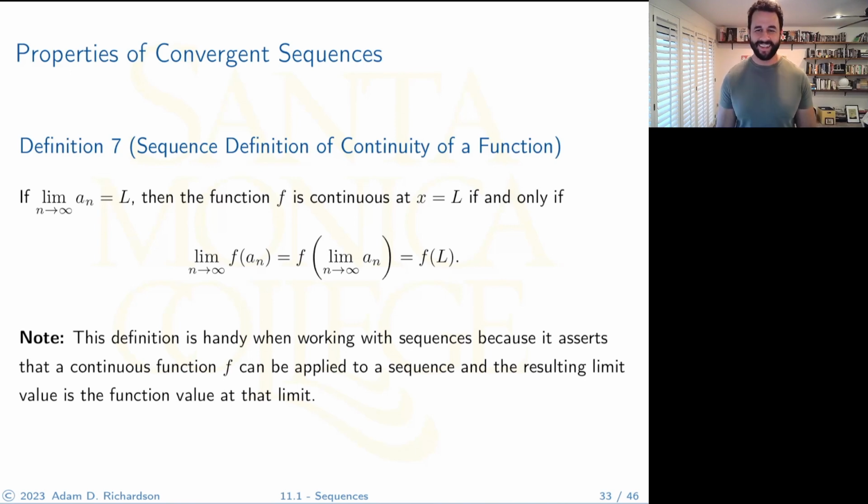Let's try that again. What this is saying is that if you plug in the sequence values to your function, then your function is continuous if and only if the limit of the outputs at those values is equal to the output at that limit value. So let a sequence go to this number, then plug that sequence into your function, then your function is continuous if and only if this limit is equal to f of the limit.